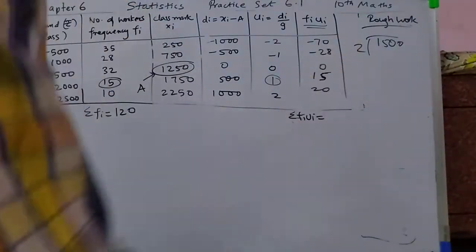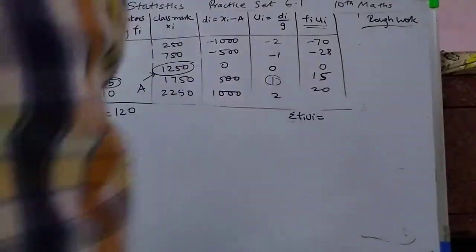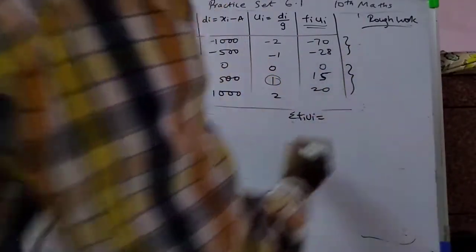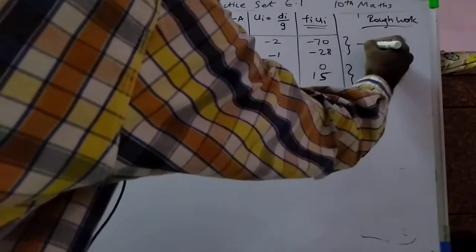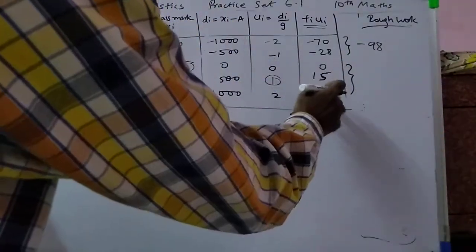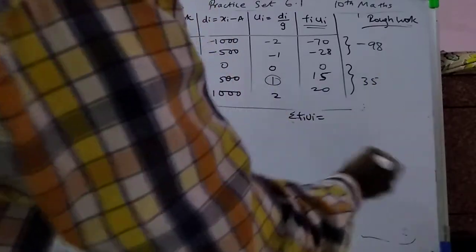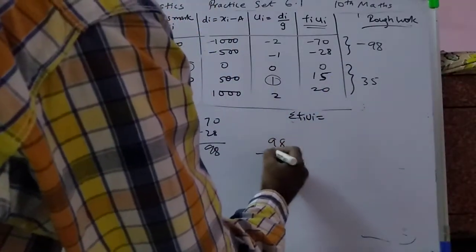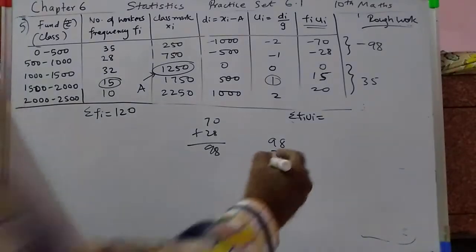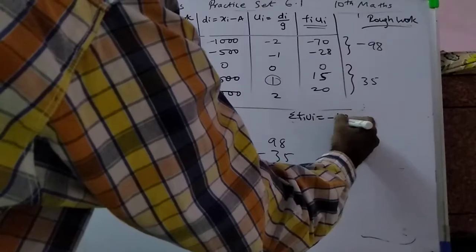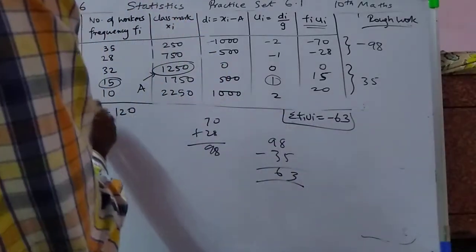For that, you first calculate this part. 70 plus 28, 98, minus 98. And 15 plus 20, 35. Now you have to subtract: 98 minus 35, that you will get 63. But here minus is bigger, so minus 63. You get this.